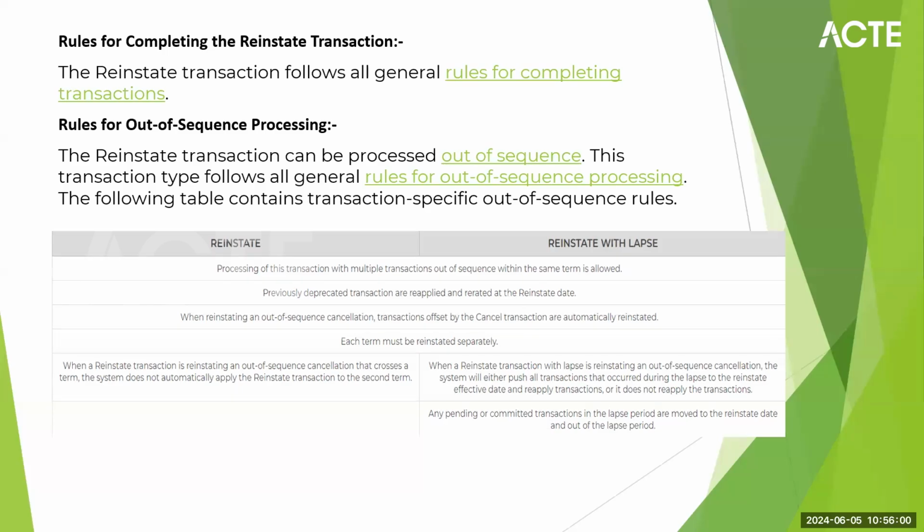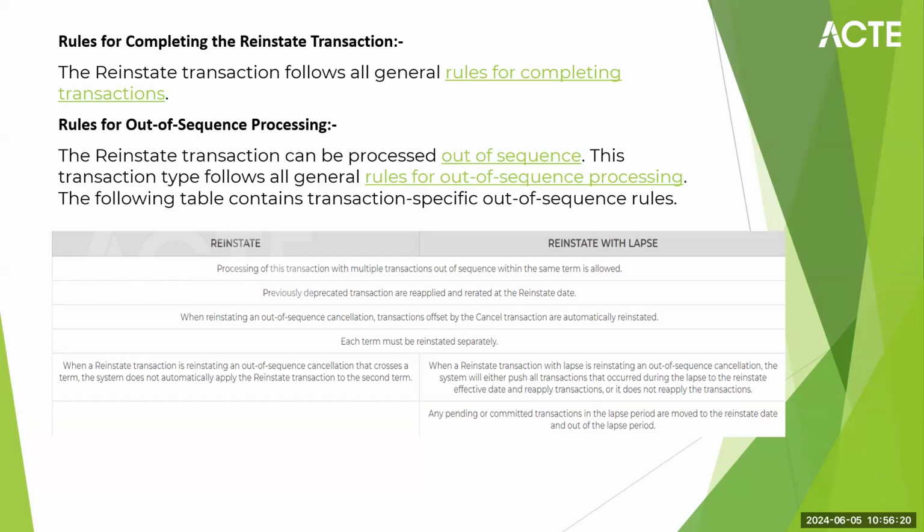When a reinstate transaction is reinstating an out-of-sequence cancellation in the process term, the system does not automatically apply the reinstate transaction to the second term. For example, you are doing another reinstate transaction.